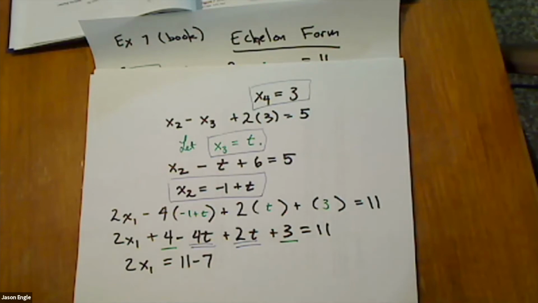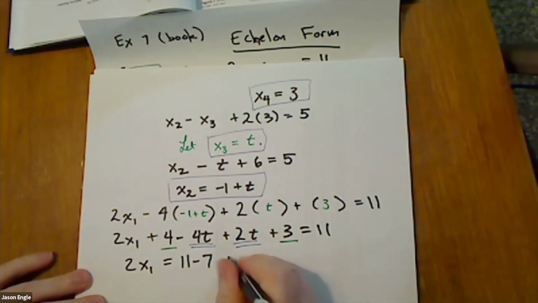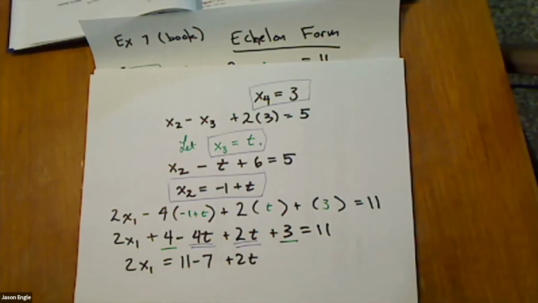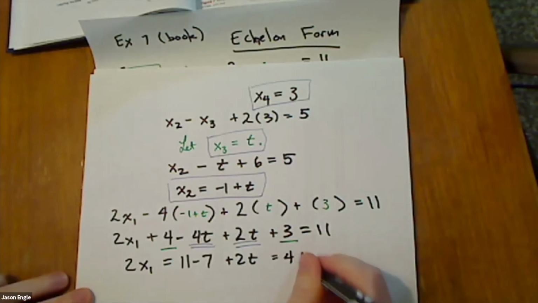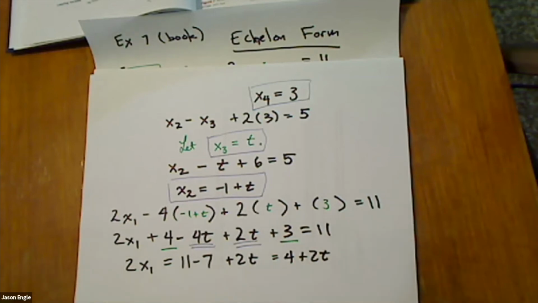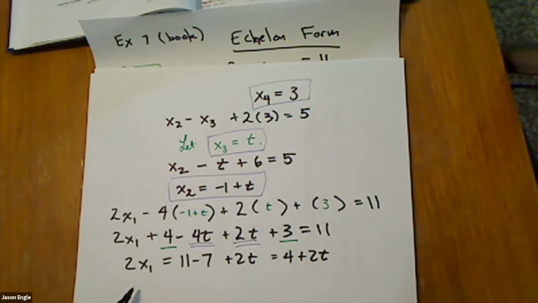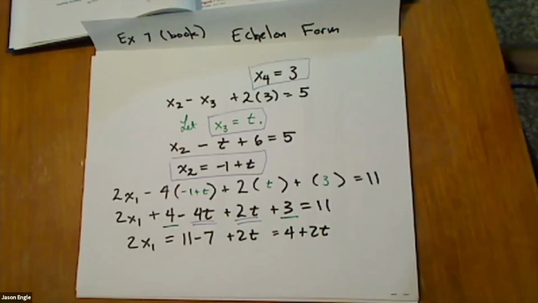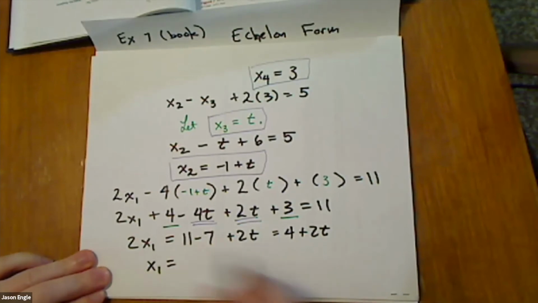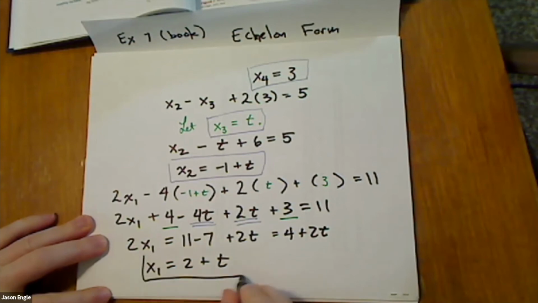That's -2t if I add 2t to both sides. I hope I didn't skip too many steps. Let me know if I made a mistake. But 11 minus 7 is 4. And if I divide both sides of the equation by 2, I get 2 plus t.